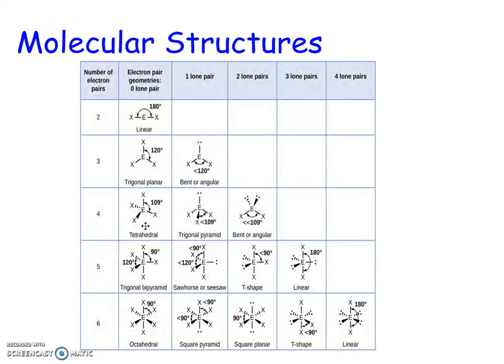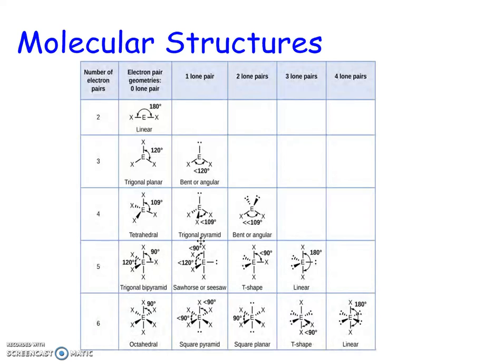For a tetrahedral, if one of those is a lone pair, then I have 3 bonds coming off of my center atom, and those 3 bonds are not within the same plane. They're pushed downward by that electron pair. So what I have is called trigonal pyramid or trigonal pyramidal.